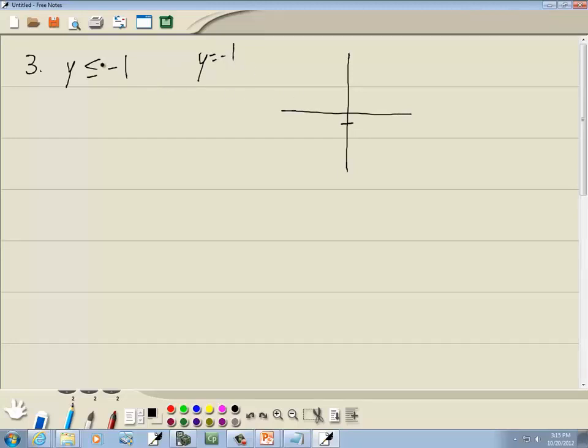So that'd be right here. Now specifically, this is a less than or equal to, which means this would be a solid line, like that. Now since it's less than, that means we're going to shade below. Greater than, we'd shade up above. And that's specifically for horizontal. Now this is one you could put into your calculator, because we got y by itself on the left side.